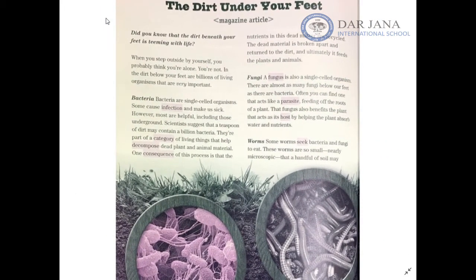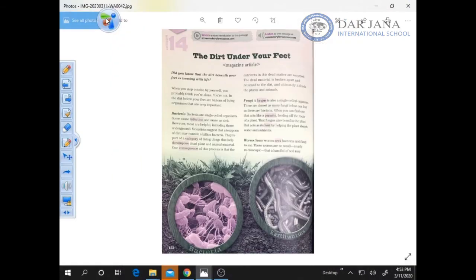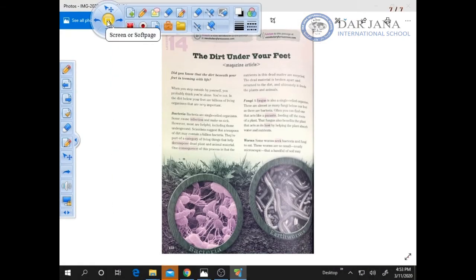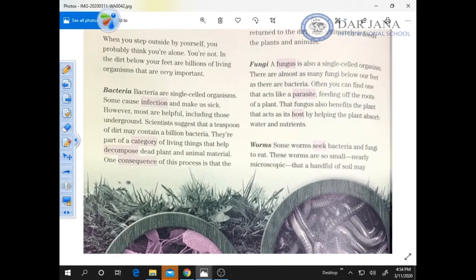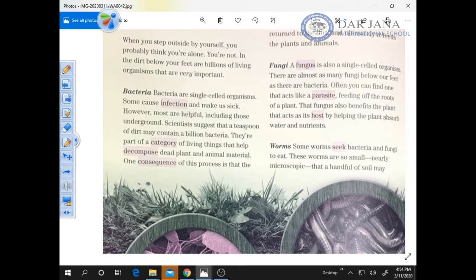On this page we have the highlighted words such as infection.